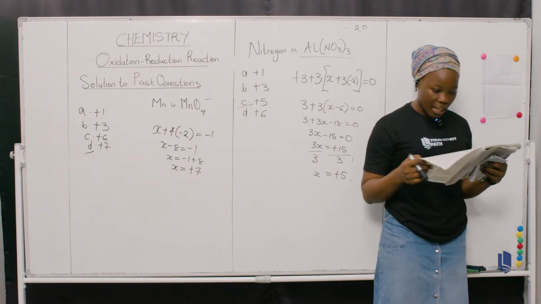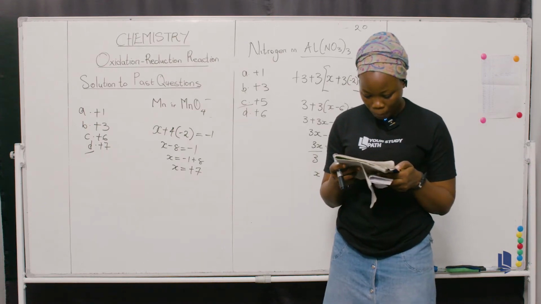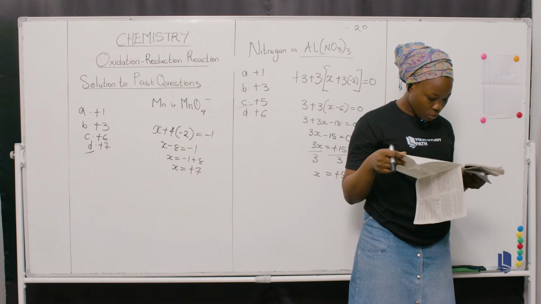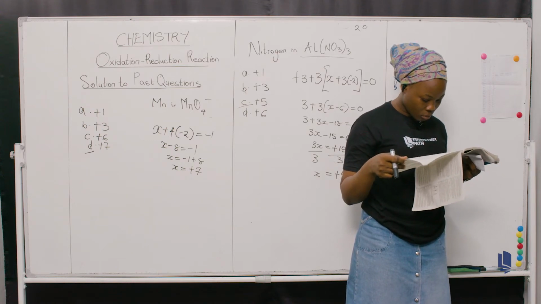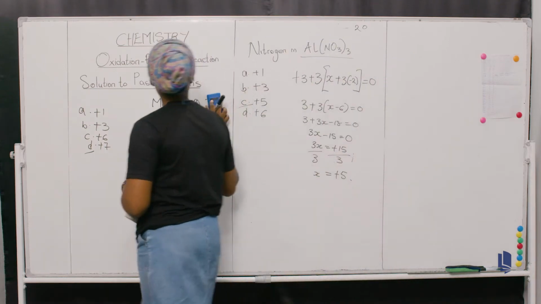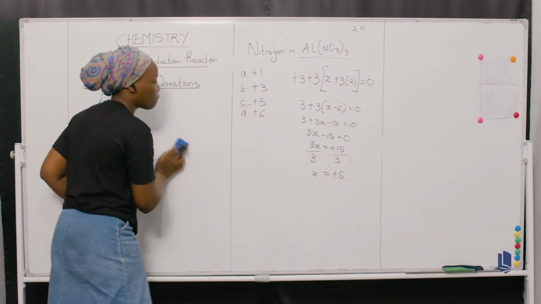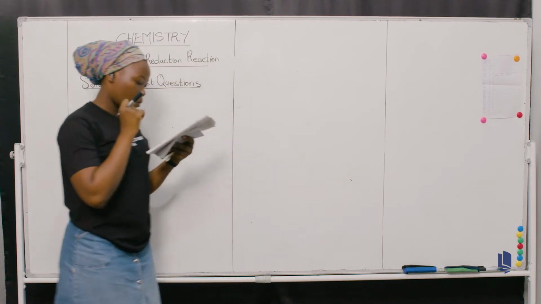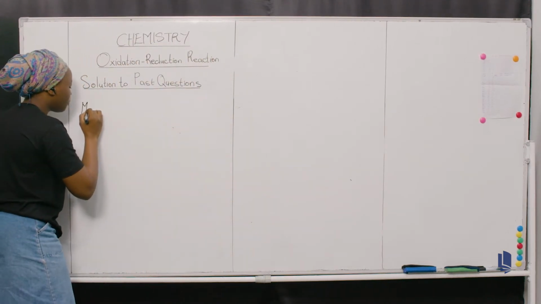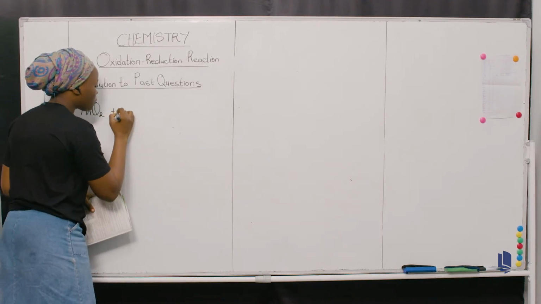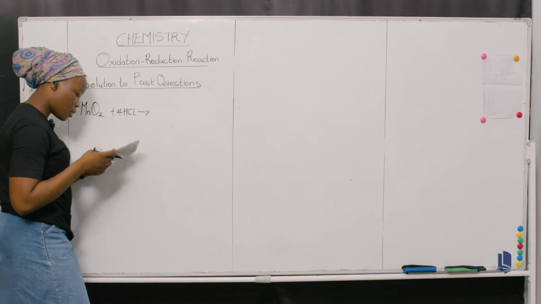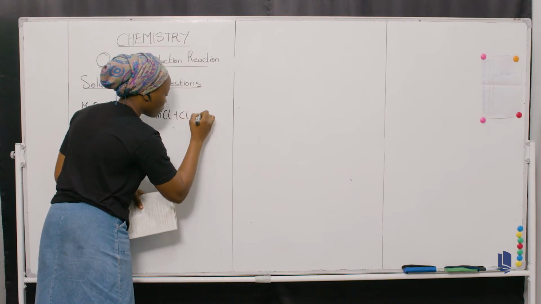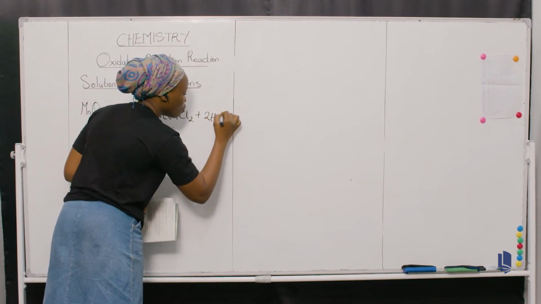2015 question 48. MnO2 plus 4HCl. Products are MnCl plus Cl2 plus 2H2O.